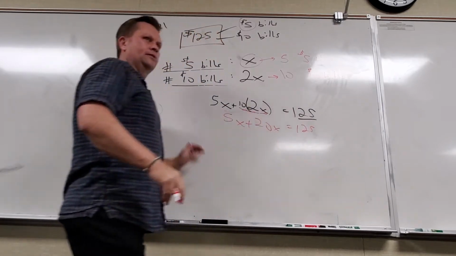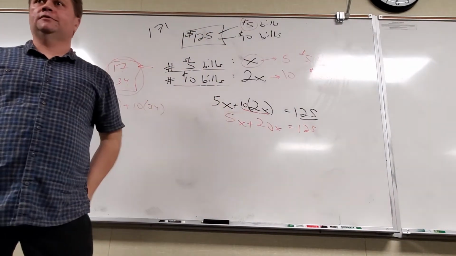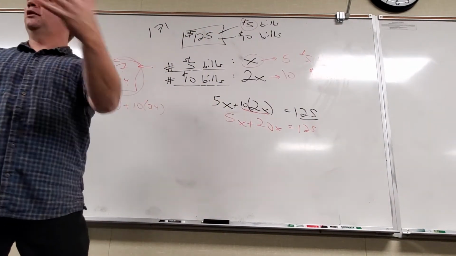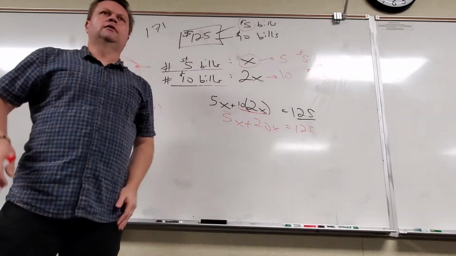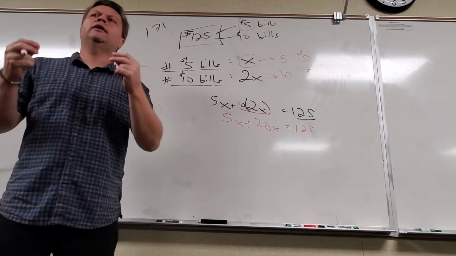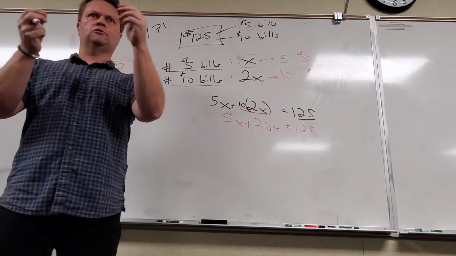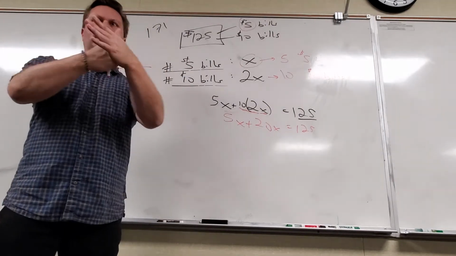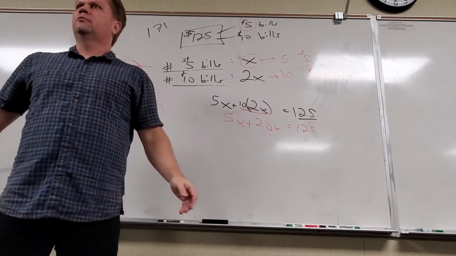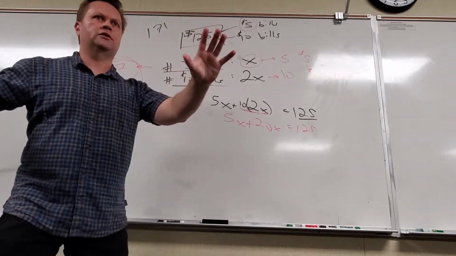Could I do 10 plus 2x? No. But can I do 10 times 2x? Hell yeah. Why do we need LCDs? When I'm adding, subtracting, I need like terms. Well, when I'm multiplying, dividing, I do not need that. Multiplying, dividing is much less restrictive.